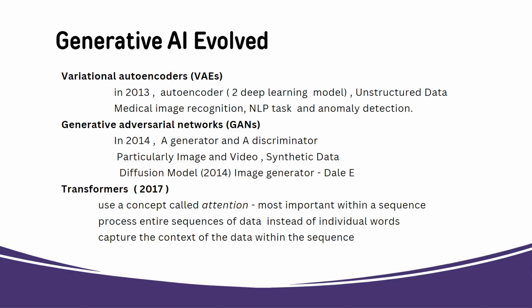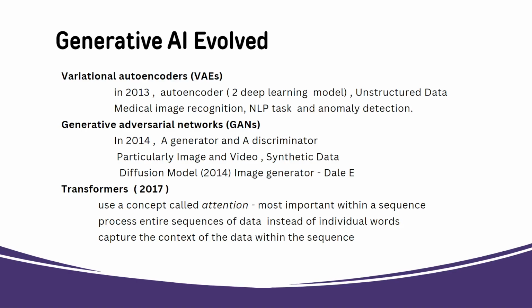Then the following year, in 2014, generative adversarial networks, known as GANs, which have two parts, a generator and a discriminator. They perform well on image and video as well as synthetic data. The generator's job is to generate content, and the discriminator is like a judge. It detects how many are right or wrong. It finds the variance.